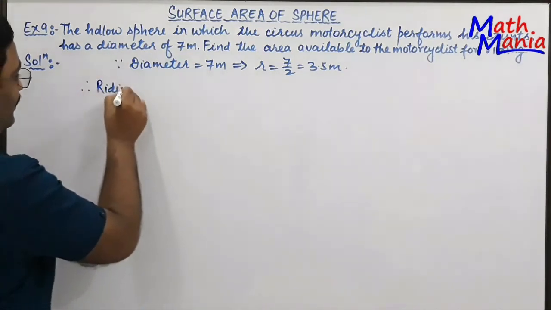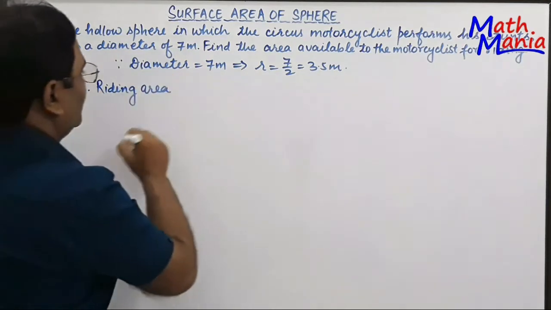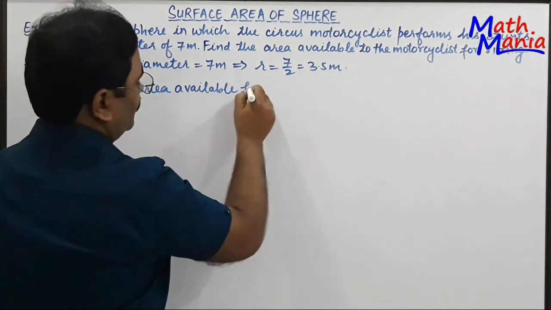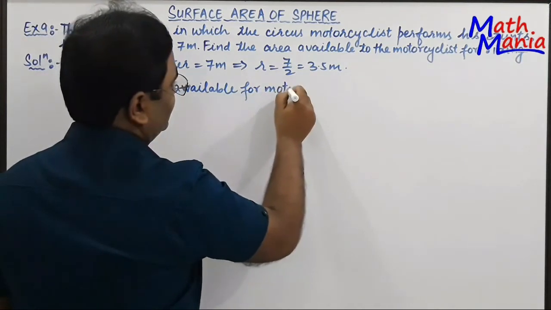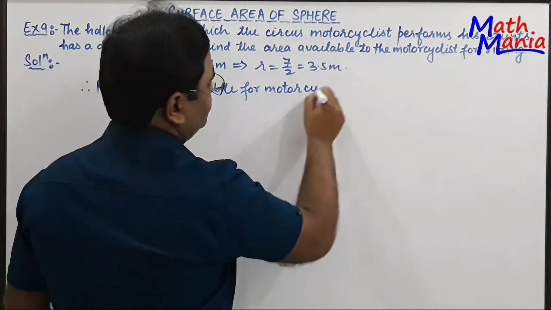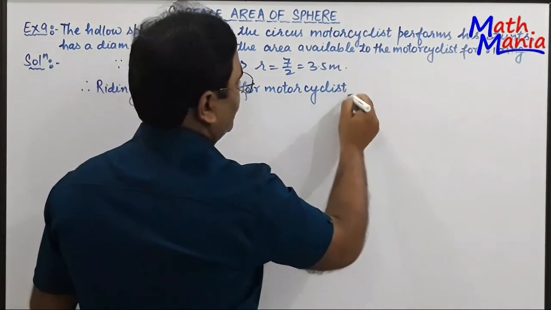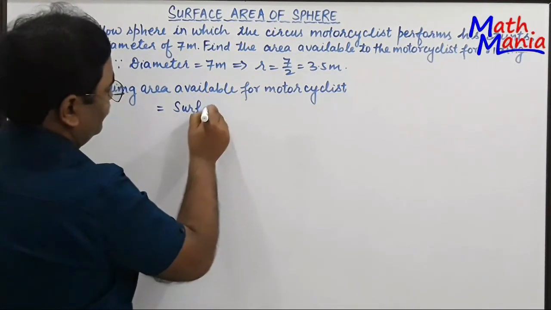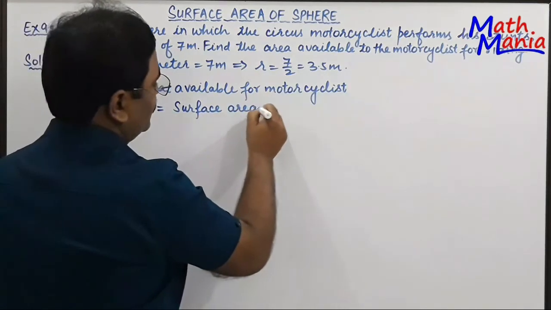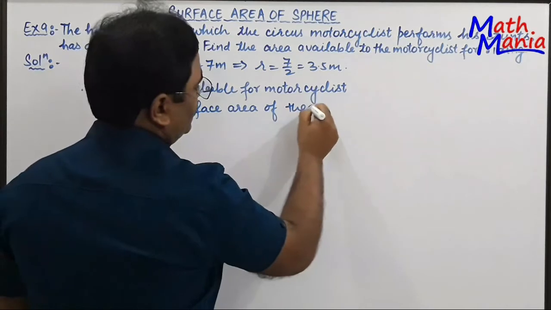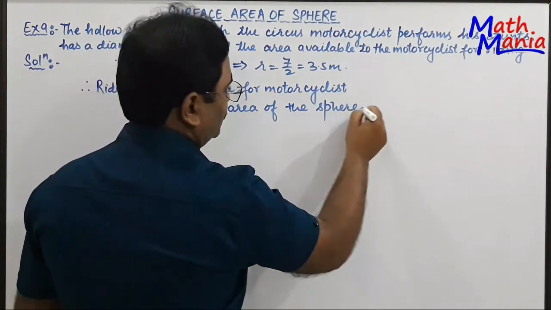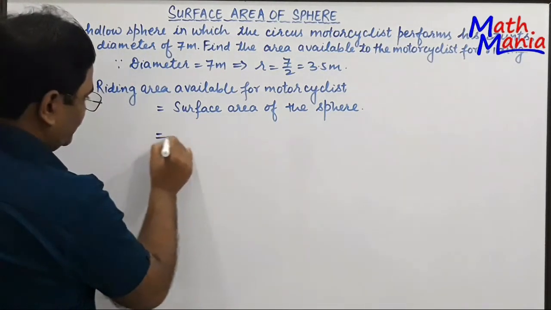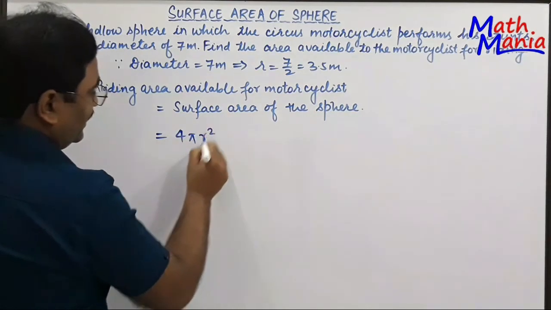the riding area available for the motorcyclist is equal to the surface area of the sphere, and to find the surface area of the sphere we need the formula, surface area of sphere, which is 4 pi r square.